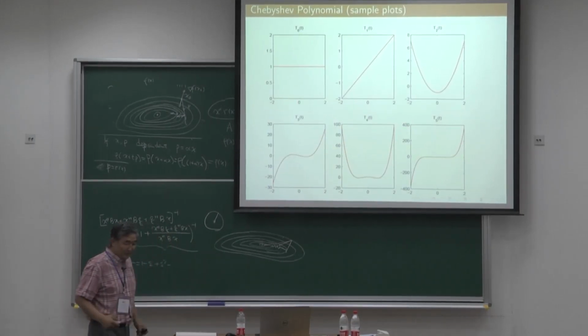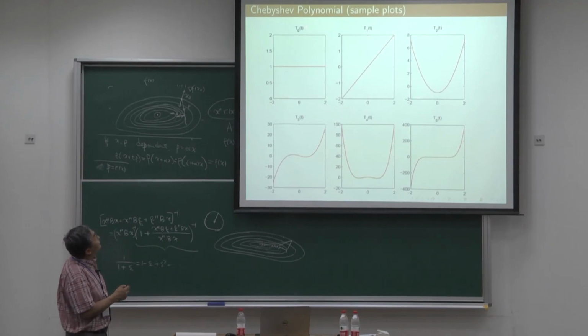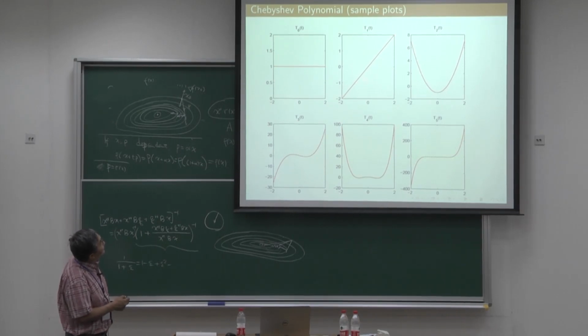And this is a sample plot, a few polynomials for t from 0.1 up to 5. The first one is just the value 1. The second one is a straight line. The dotted line, not very clear, blue and green, is plotted from -1 to 1.